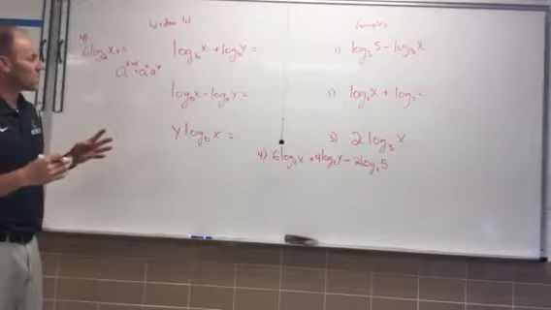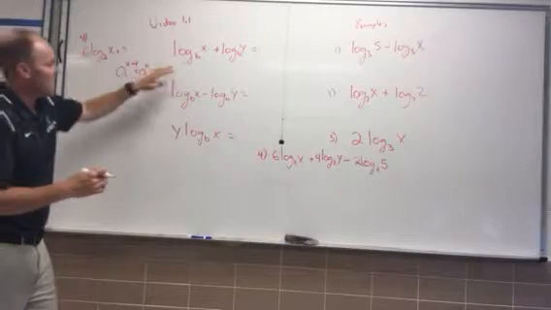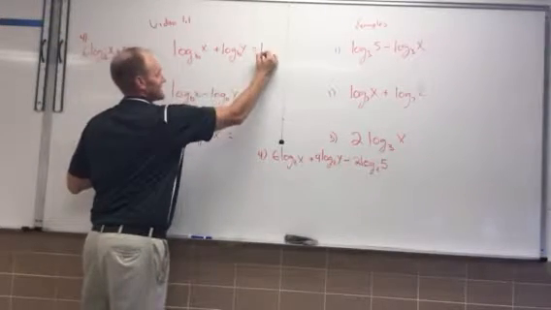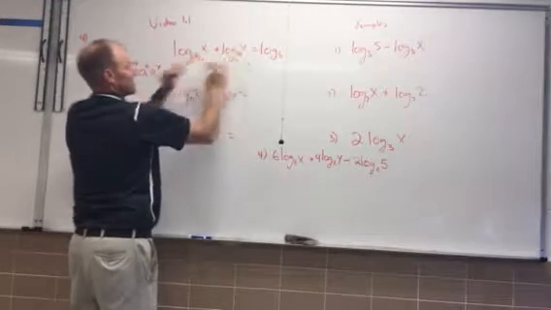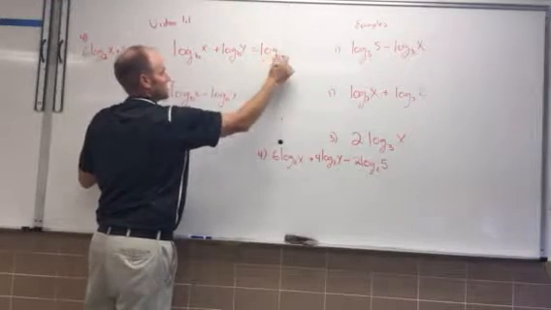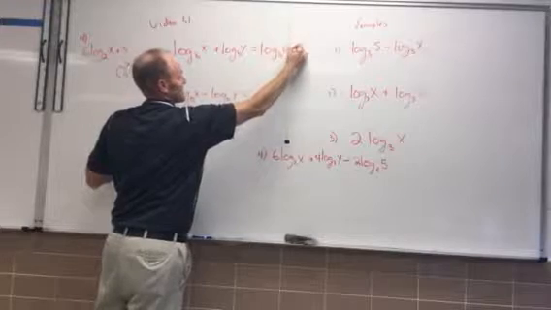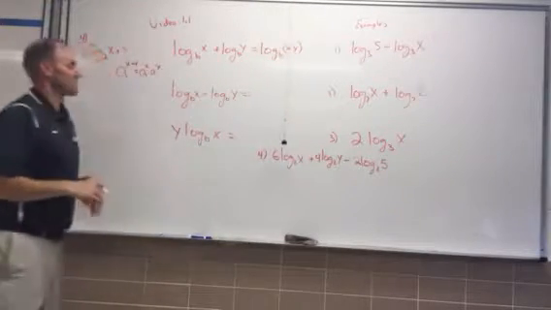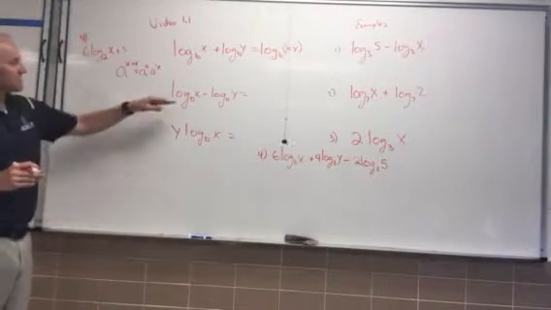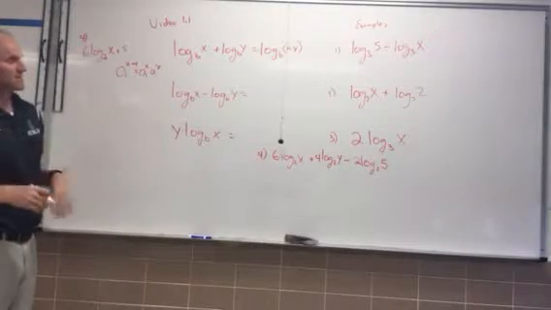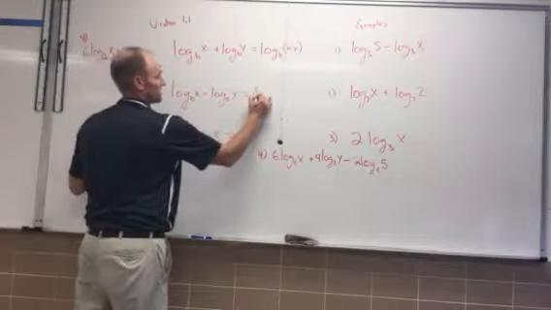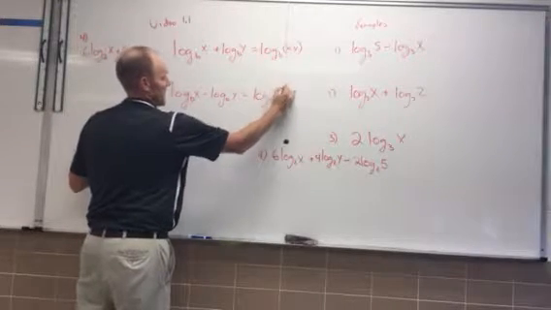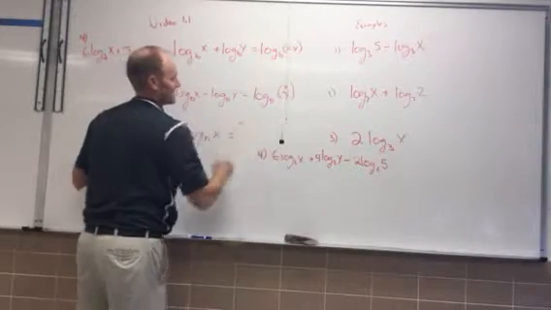So what we have is these three properties, and the first one we can use to condense this is: if these are the same base and we're adding these two different things, we can just say this is log base b of x times y. Now, as you can probably guess, when we're subtracting, instead of multiplying, we would say that this is going to be log base b of x divided by y.